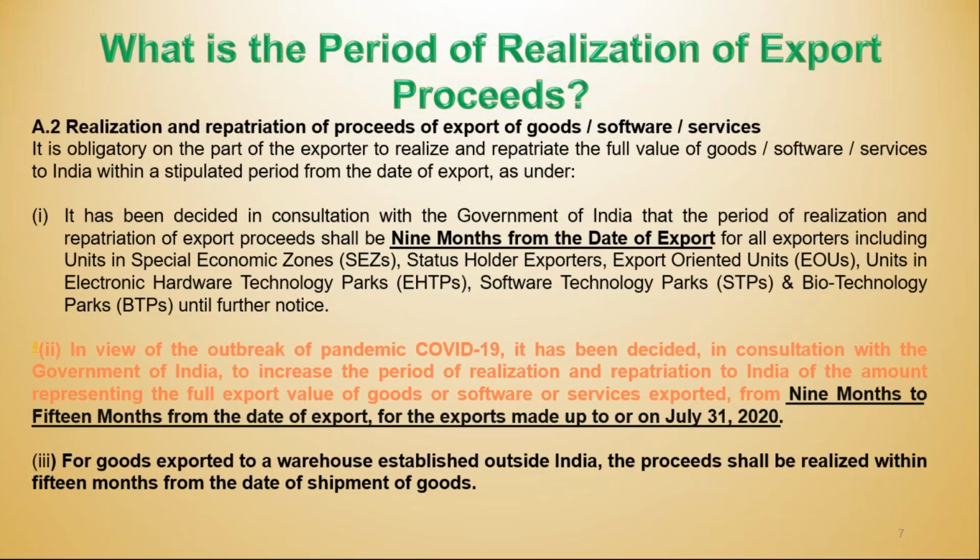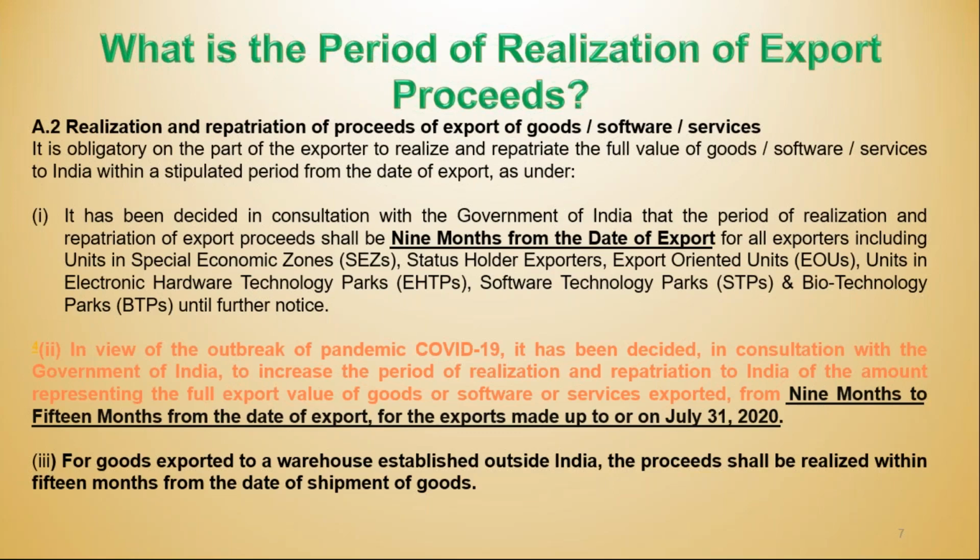In case of goods which are put in a warehouse abroad, for example, you sent them to a warehouse in the UAE, from where you want to sell. When you have made such warehousing, then you have 15 months to get the payment, 15 months from the date of shipment of the goods.